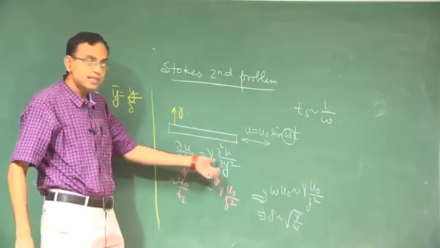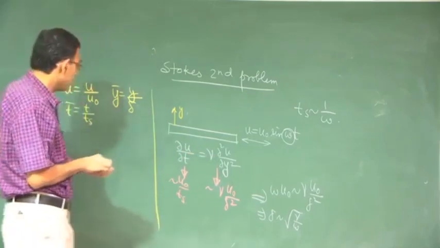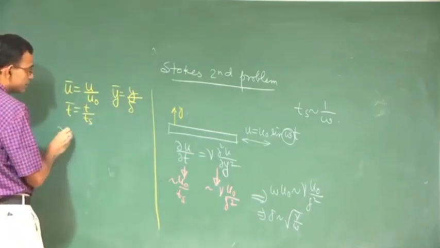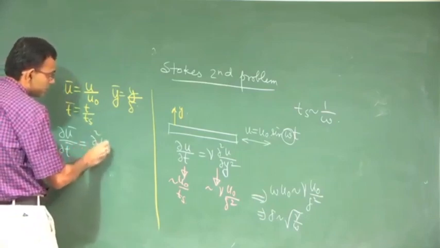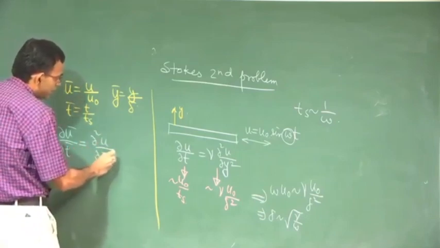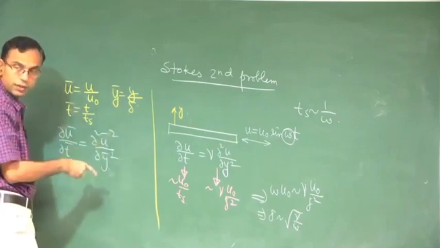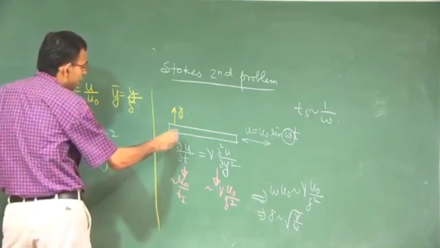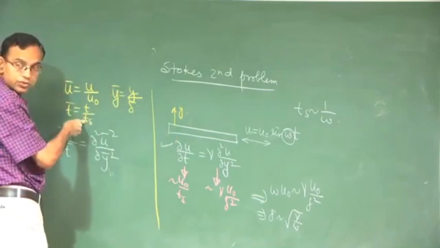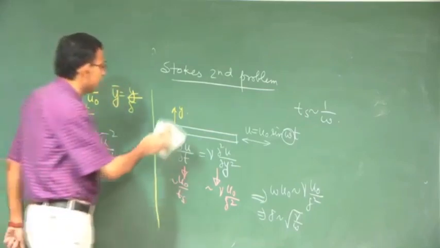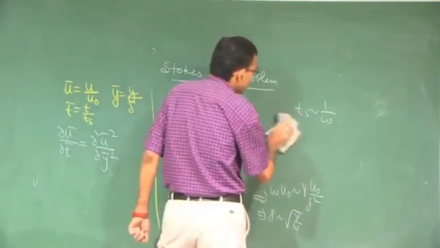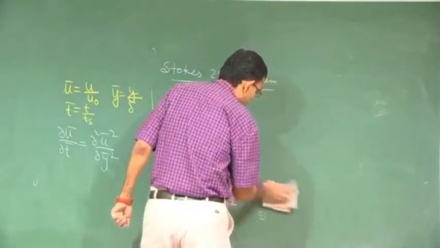If you put the relevant scales in this equation, you will get this, because all the coefficients will be absorbed in the non-dimensional parameters. You can easily check that in this equation if you substitute all this. So, there are many ways of solving this equation. I will show you a simple trick to solve this equation.